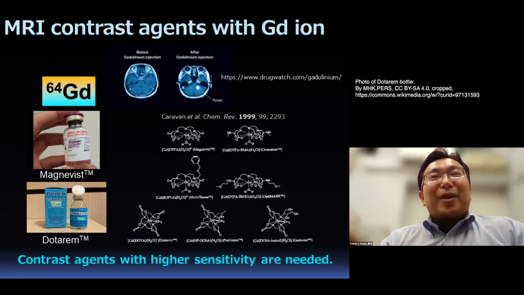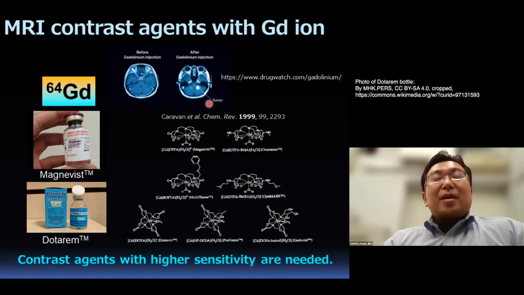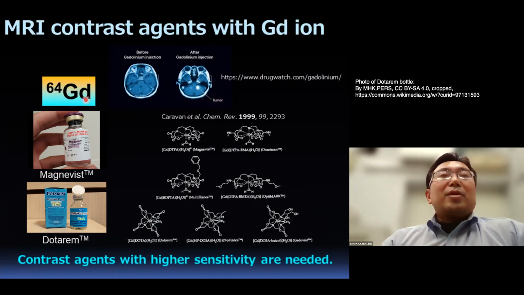So this is a general introduction of MRI contrast agents. By using the contrast agent, we can detect small tumors, and in these materials, gadolinium ions are included.